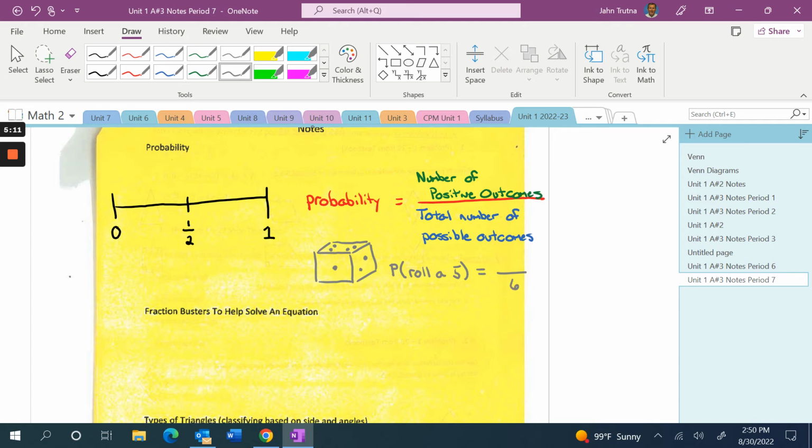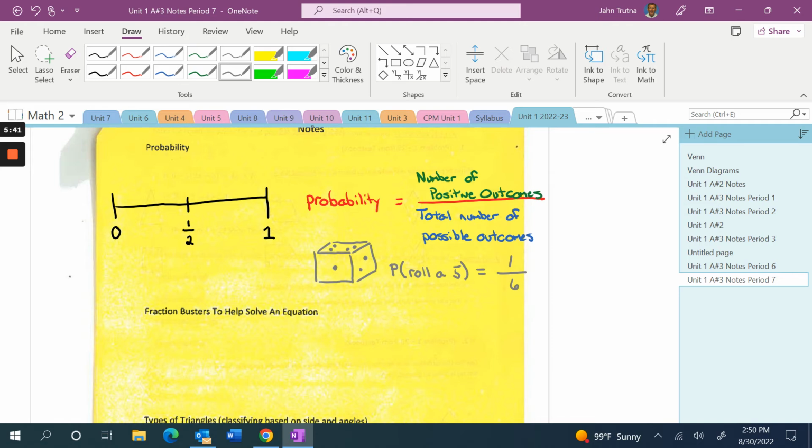So 6 is going to be your denominator. Now, the numerator is the number of positive outcomes. In this case, what's considered a positive outcome? Rolling a 5. How many 5s are there? 1. So your probability of rolling a 5 is 1 out of 6. Okay? There's a very basic probability, but that's what I mean by total outcomes and positive outcomes.